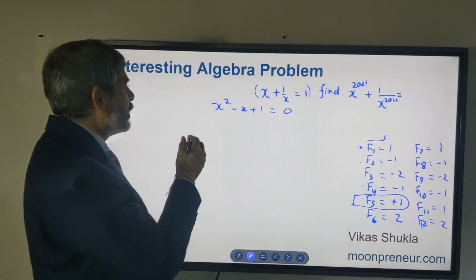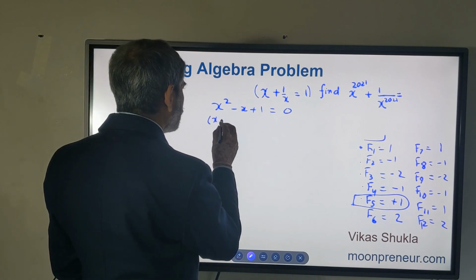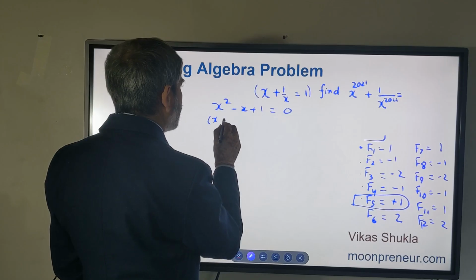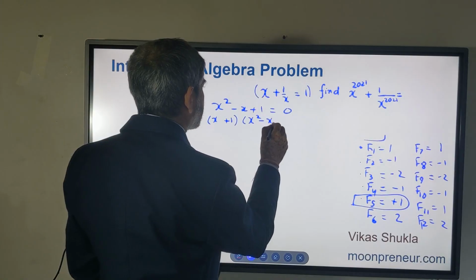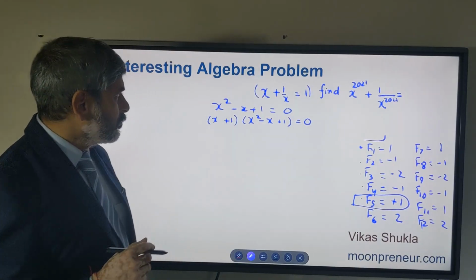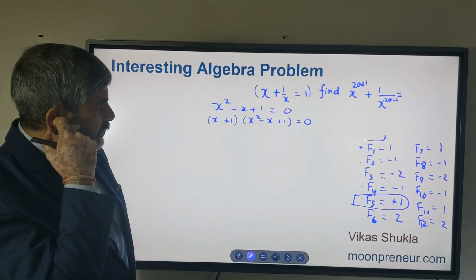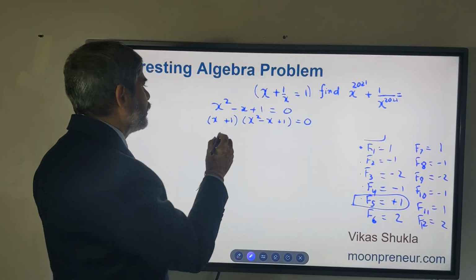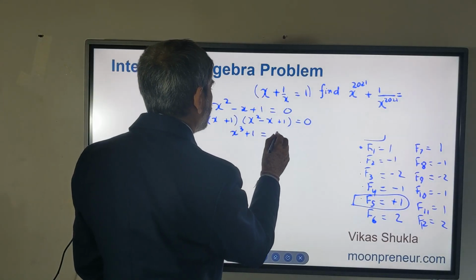So what I do is I can multiply this equation with x plus 1. Let's say x plus 1 multiplied by x squared minus x plus 1 equal to 0. And if you notice this, I can write x cubed plus 1 equal to 0.